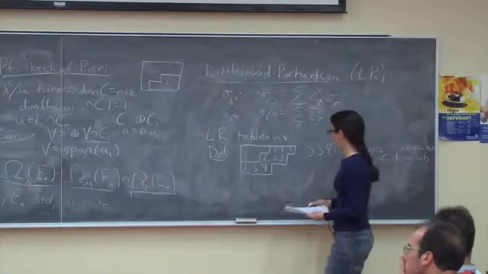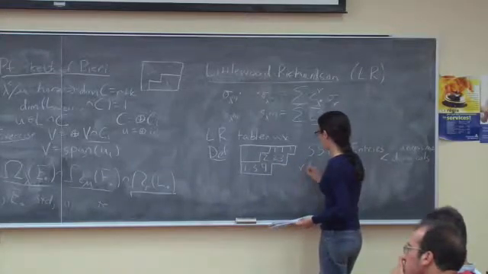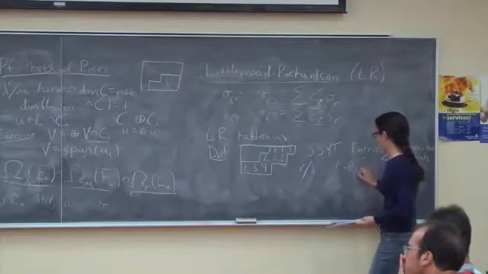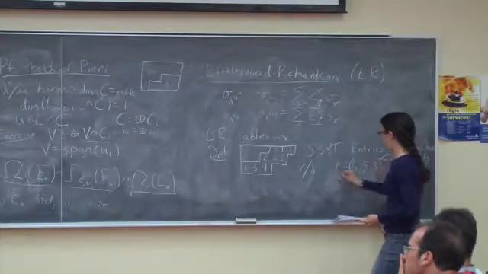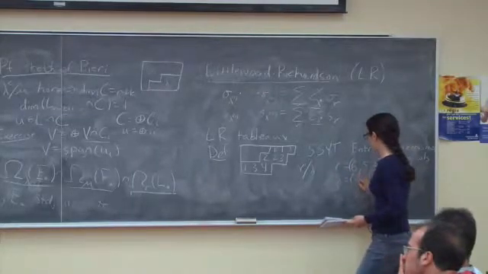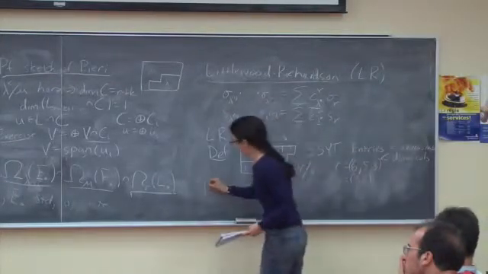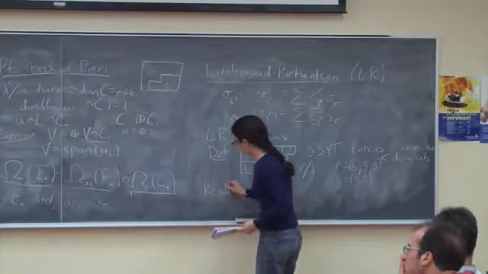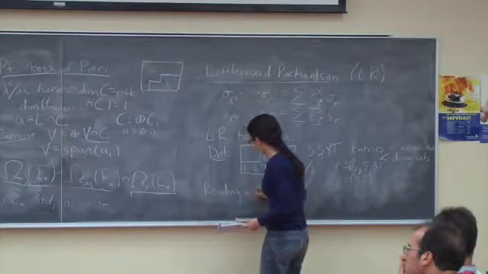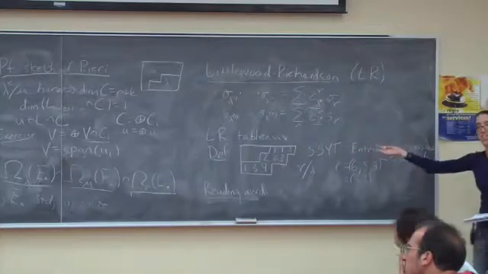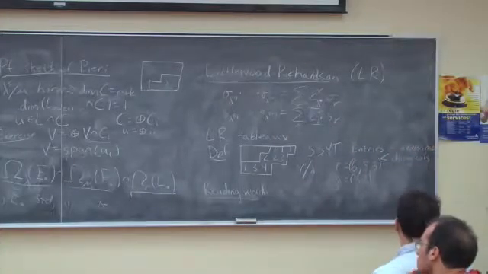So just flipped upside down from what we're used to. This is a skew shape, nu over lambda. Here nu is 653 and lambda is 3,2. We're going to define its reading word to be the word formed by putting it into French notation and then reading the word, which is the easiest way to say it.